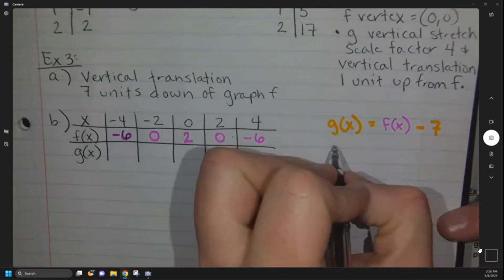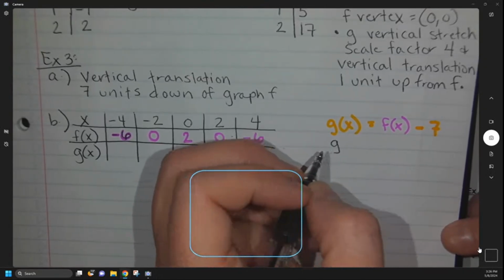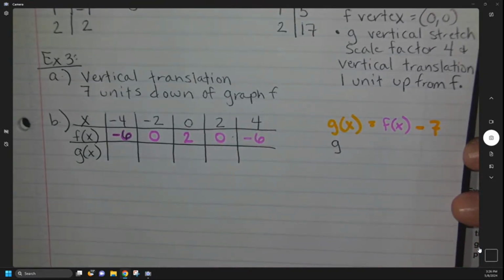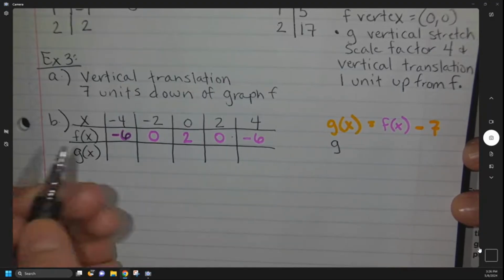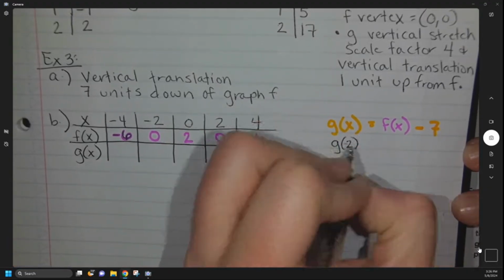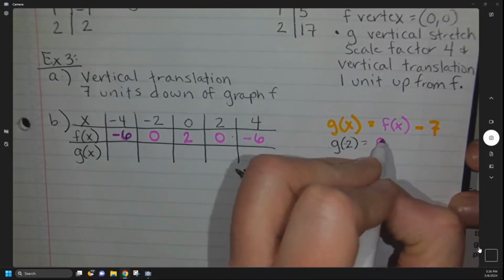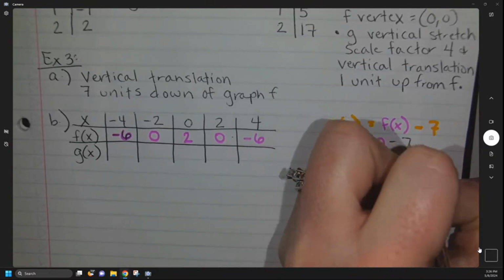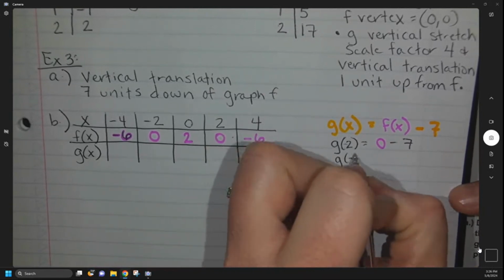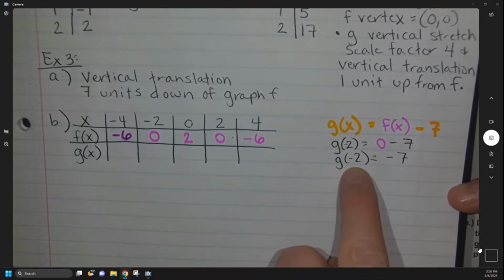So if I look at this, for g of x, if I were doing, let's say, g of -2, okay? So I got 0 for -2. So if it was g of -2, then I would take that coordinate. I got 0 for the answer, minus 7. Well, 0 minus 7 is going to give me -7 for g of -2.